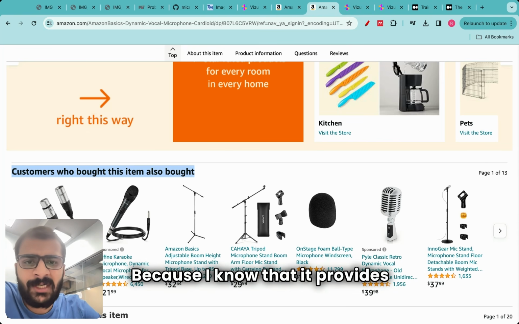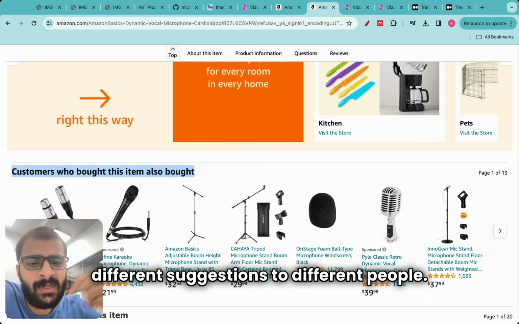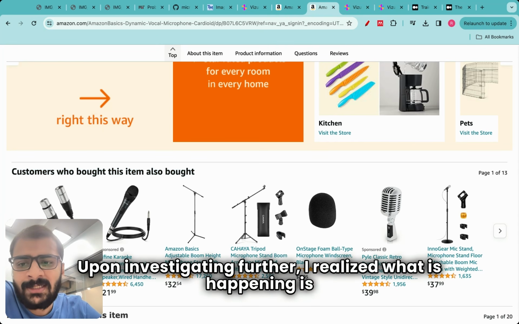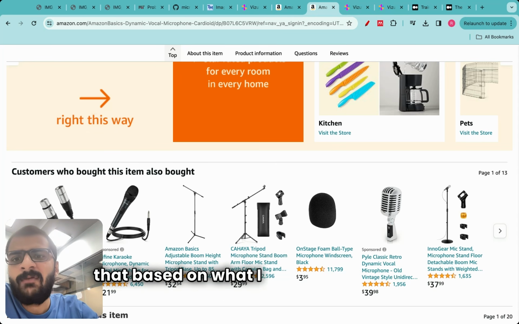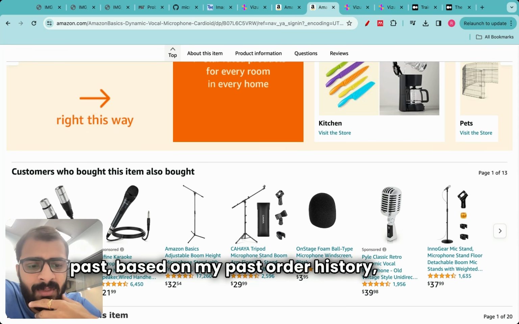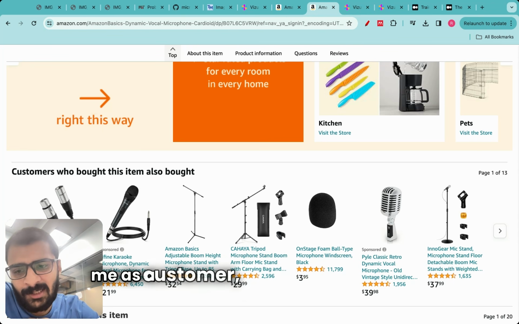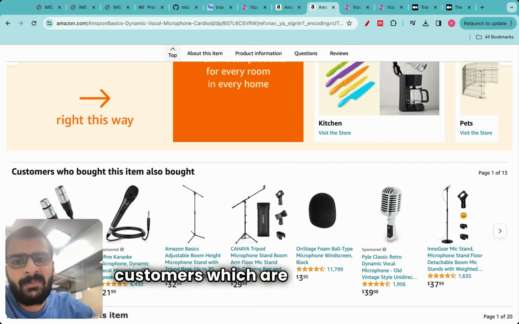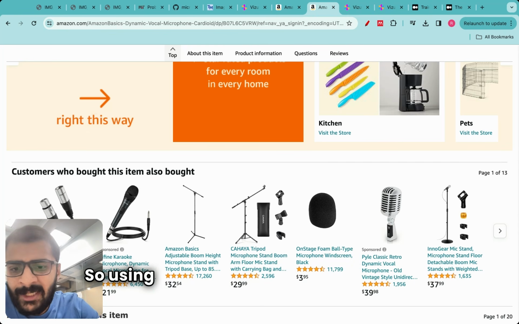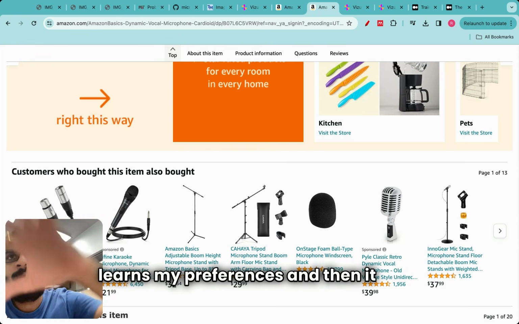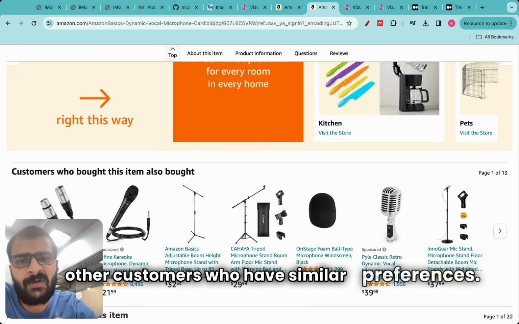Because I know that it provides different suggestions to different people. Upon investigating further, I realized that based on my past order history, Amazon knows me as a customer, and then it finds other customers who are similar to me. So, using its machine learning algorithm, it learns my preferences and then finds other customers who have similar preferences.